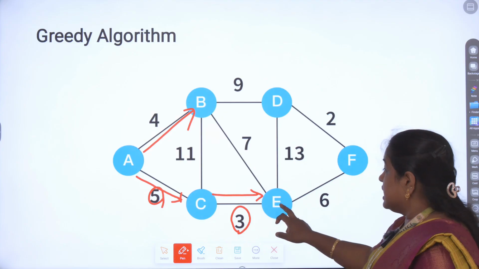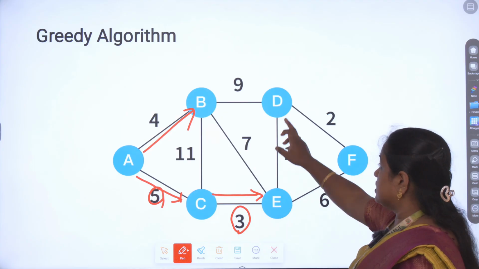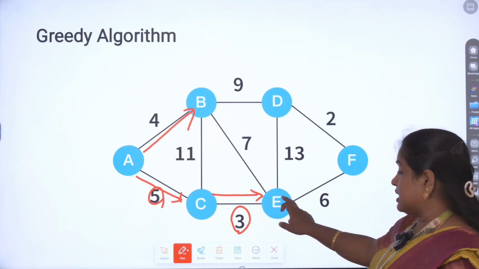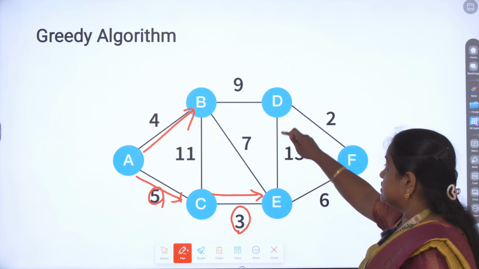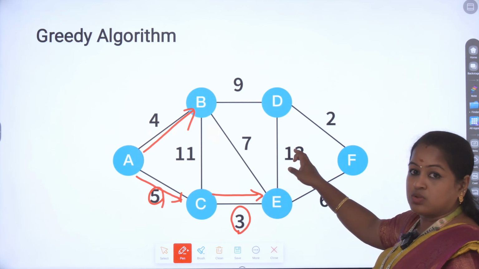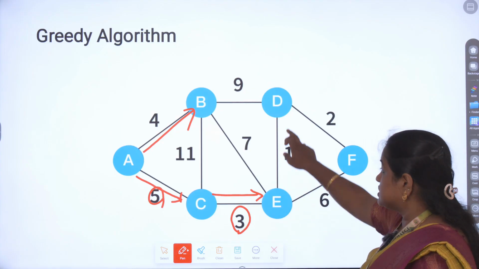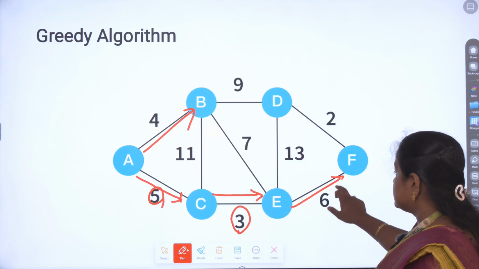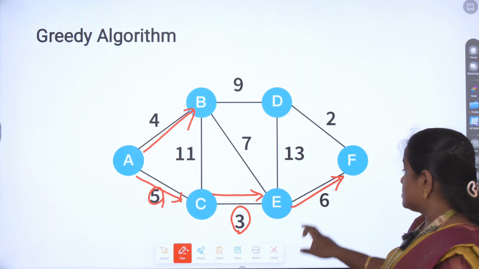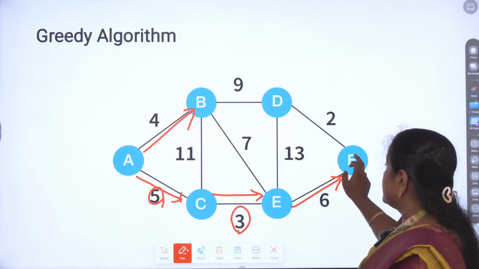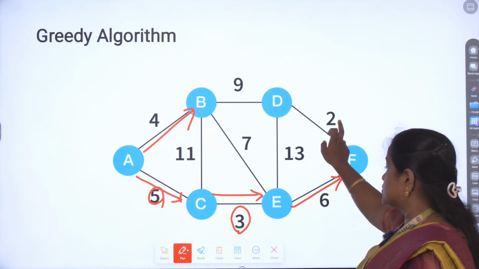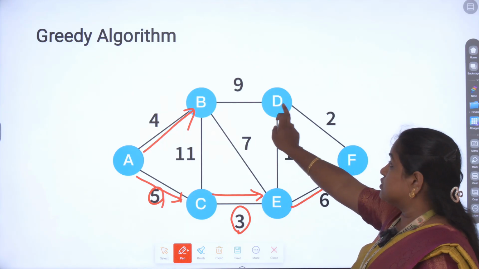Next, from E I have to traverse to F or D. When I compare, E to F is the smallest path and E to D is 13, which is the highest one. So I am not going to take E to D; I am going to traverse E to F. The last node which we have to traverse is D. From F to D it is 2, E to D it is 13, B to D it is 9.